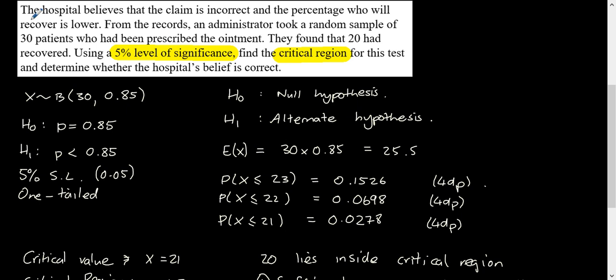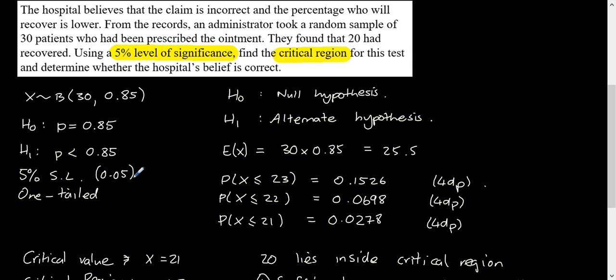We noticed that that was below 85%, and we are testing the claim that actually that 85% isn't true. So in order to test that, we have a null hypothesis saying that it is true. We have an alternate hypothesis saying that it's not true. In fact, it's less. We have a significance level, which allows us to say our conclusion is accurate 95% of the time. Okay, there's a 5% chance that our conclusion here is wrong.